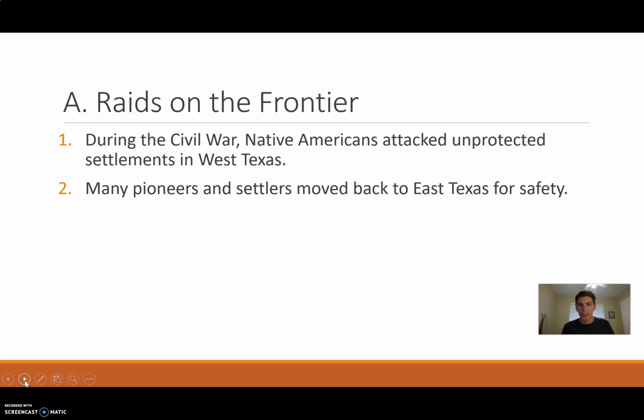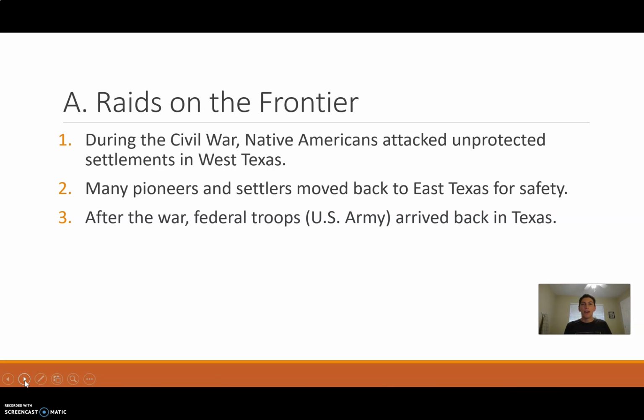Many of the pioneers and settlers, as a response, moved back to East Texas in order to have safety, in order to live in large numbers. Now, after the war, after 1865, if you remember, Texas and the South as a whole were divided into 5 military districts.